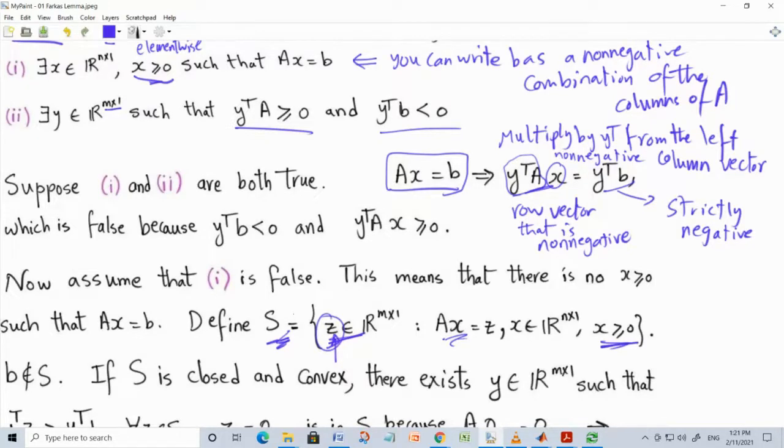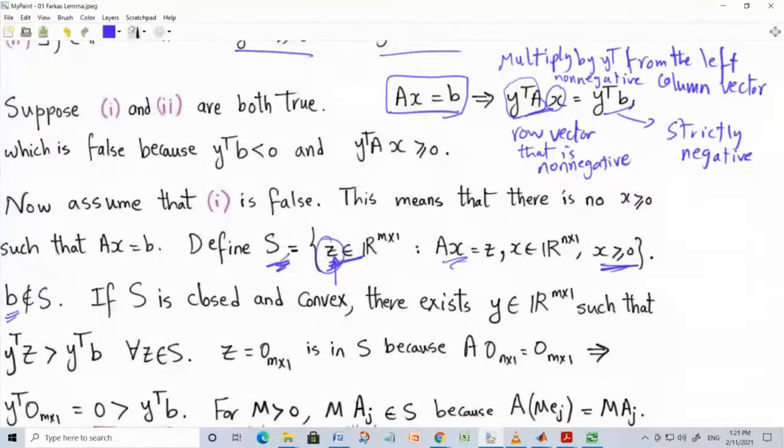When we say that our first statement is false, we are saying that the vector b of Farkas lemma is not in S, because S includes every possible m-dimensional vector that can be written as A multiplied by x, where x is non-negative.